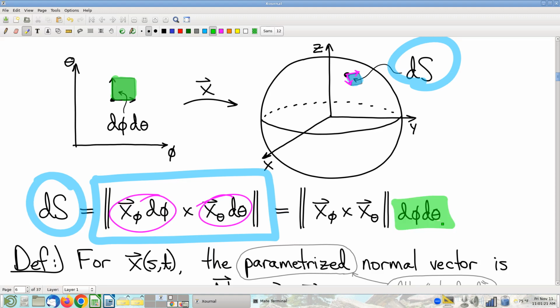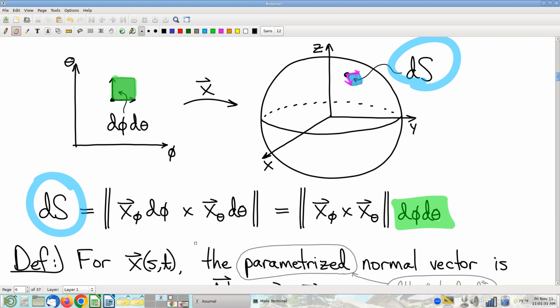I've got area on the sphere as a stretched out factor multiple of area in phi theta space. And that stretched out multiple is our stretching factor. Let's see here, I'll do this in orange, I guess. There's our parametric surface stretching factor. Anybody follow?